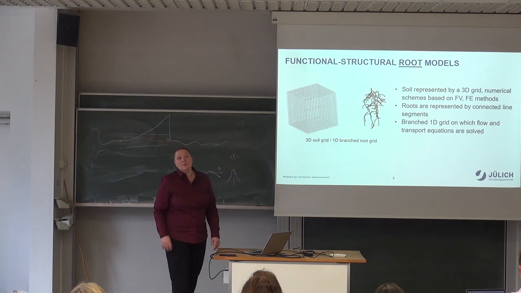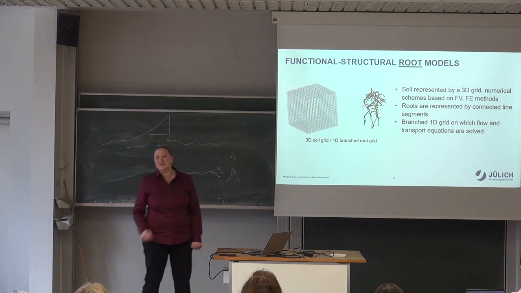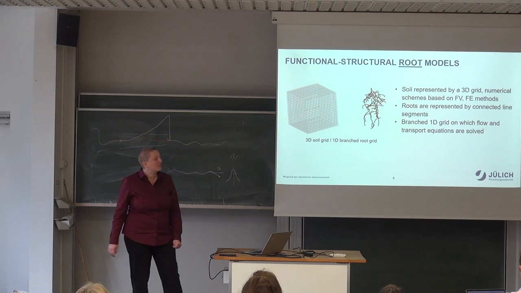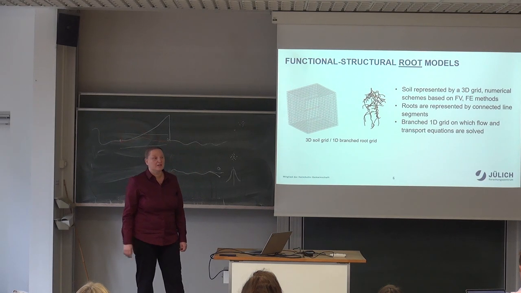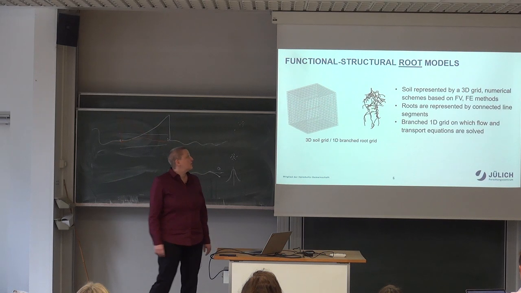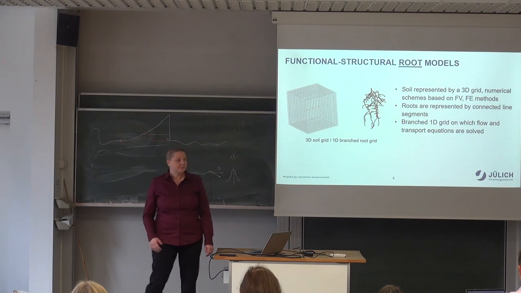Now most of our work that I will show is on a specific subset of functional structural plant models, which is looking only at the root structure, the root architecture. So now I will focus on these functional structural root models, as I will call them.